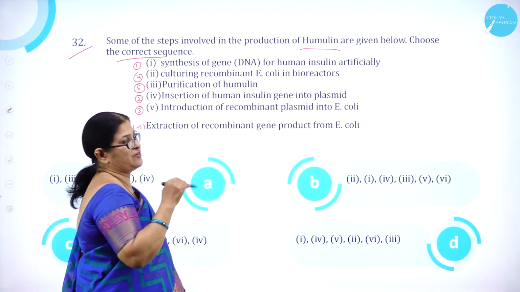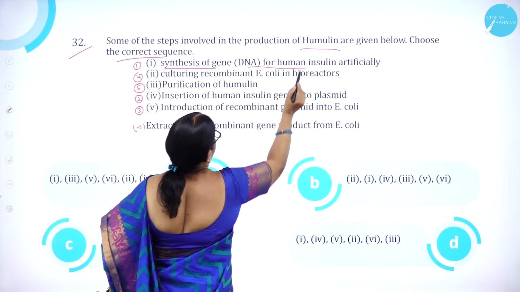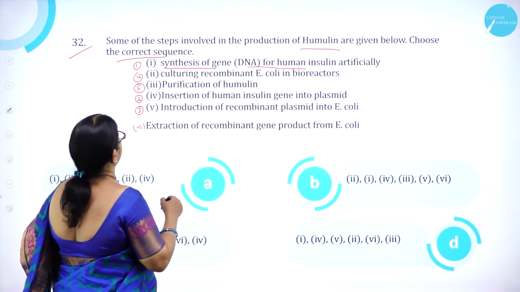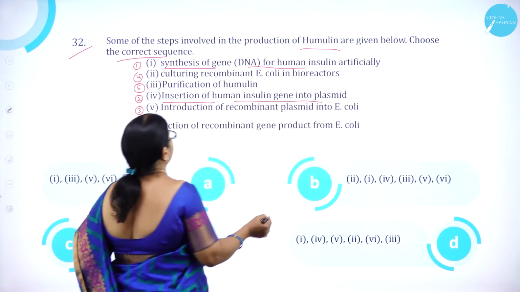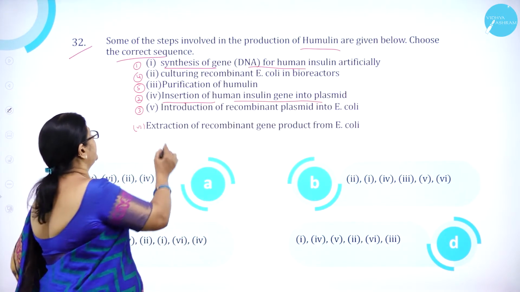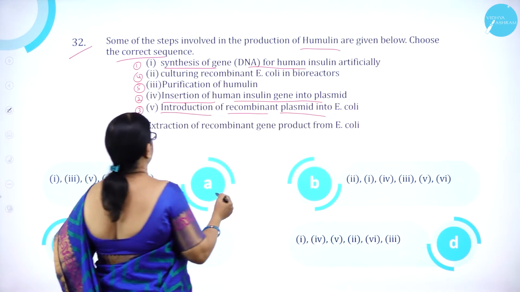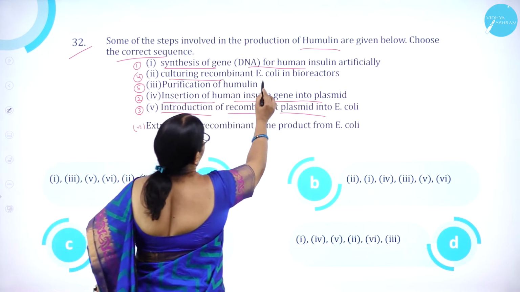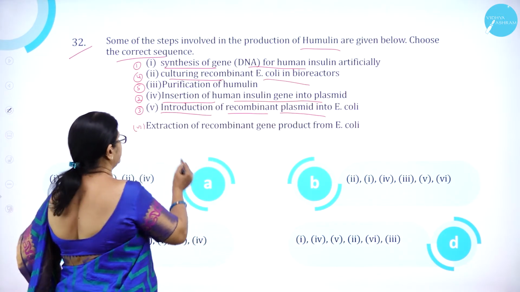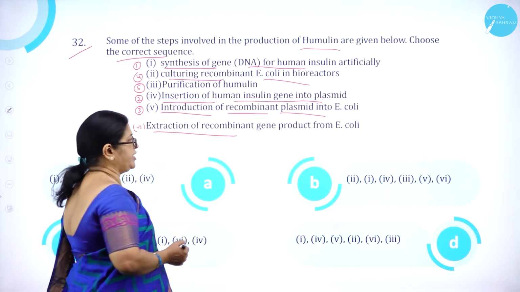So some of the steps involved. Choose the correct sequence. So first one is what? Synthesis of gene for human insulin artificially. Then second is insertion of human insulin gene into plasmid. Then comes introduction of recombinant plasmid into E. coli. Then culturing recombinant E. coli in bioreactors, then extraction of recombinant gene product from E. coli.